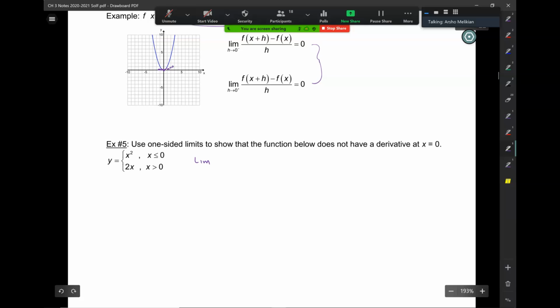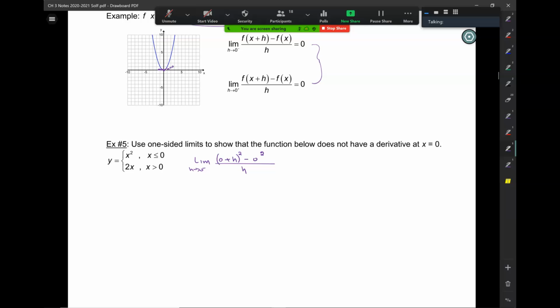So this is the limit of 0 plus h squared, minus 0 squared, over h, as h approaches 0.